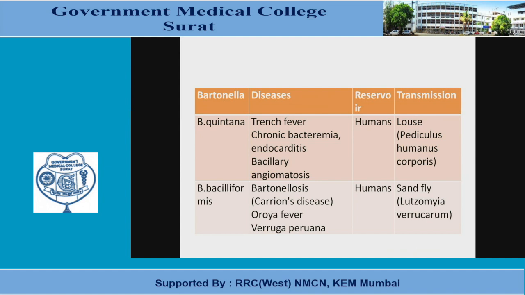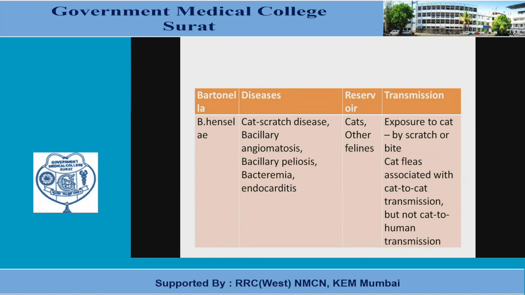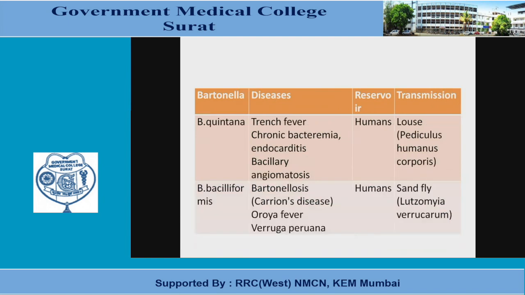Bartonella bacilliformis is responsible for Bartonellosis, Oroya fever, and Verruga peruana. Reservoirs are humans, and the vector is the sandfly. So these three diseases: Bartonella henselae is responsible for cat scratch disease, quintana for trench fever, and bacilliformis for Bartonellosis.